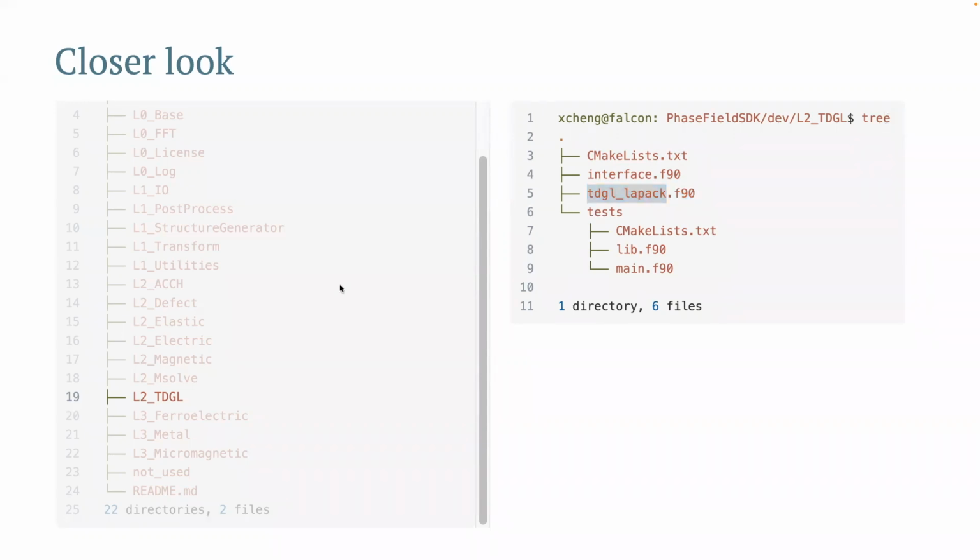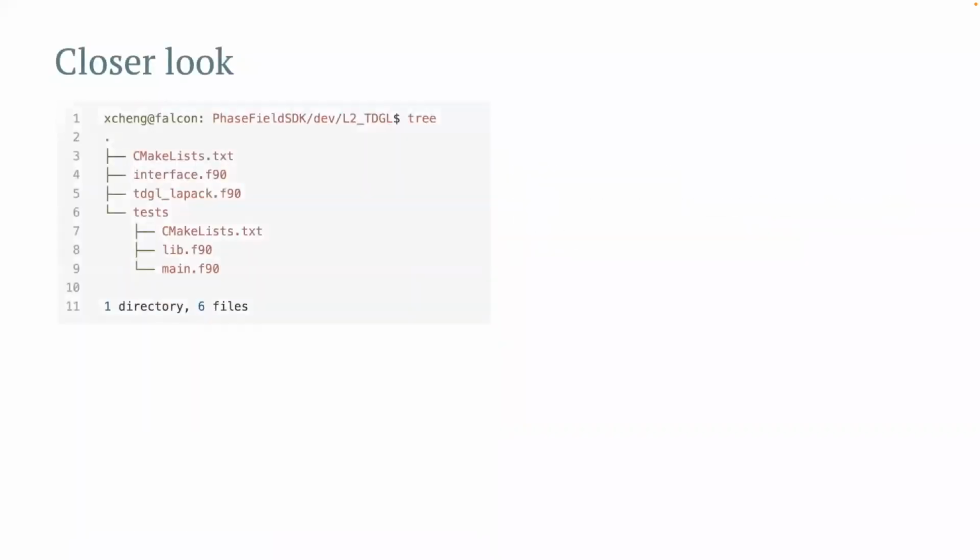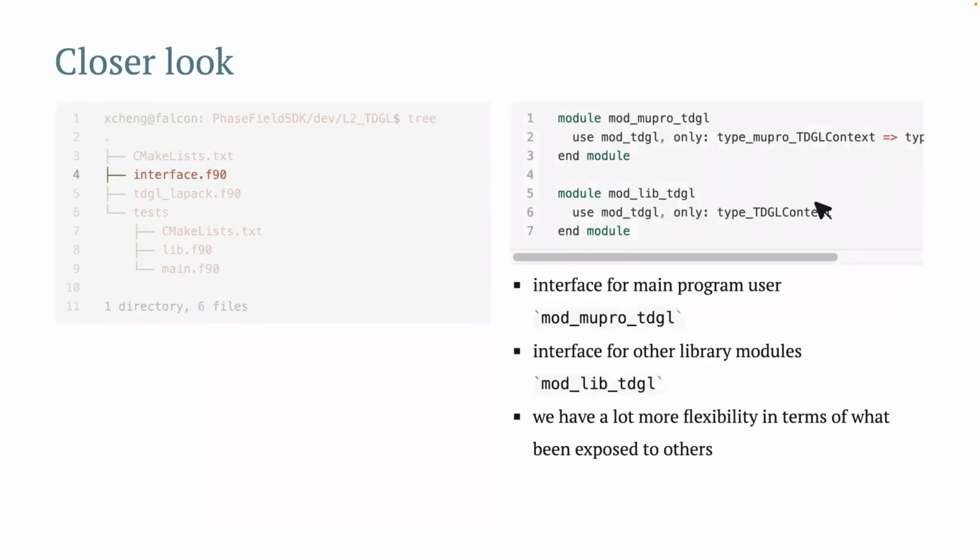Okay, and then to look more into what is defined in the files. For this interface file, you can see we have an interface for the main program users. That's this one. And then we also have an interface for other library modules, that is this one. For this TDGL module, these two are actually the same.